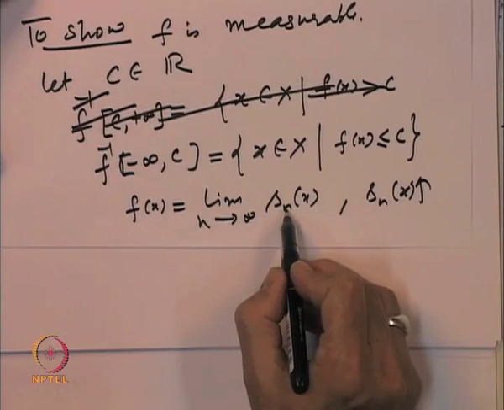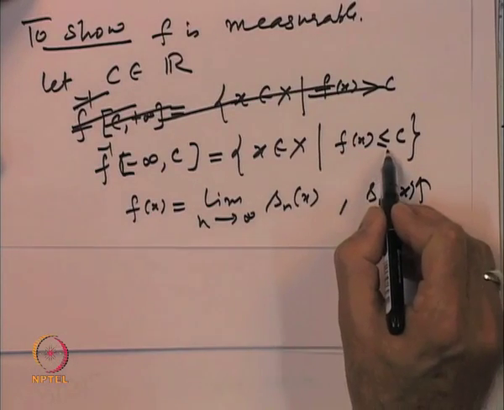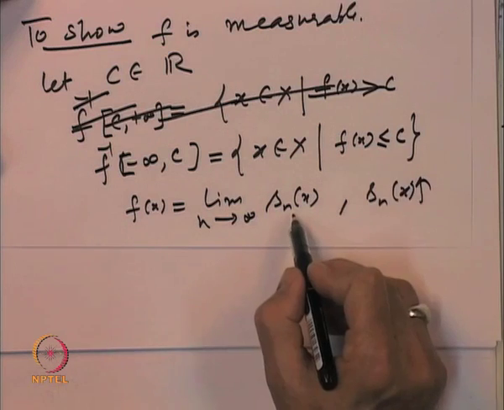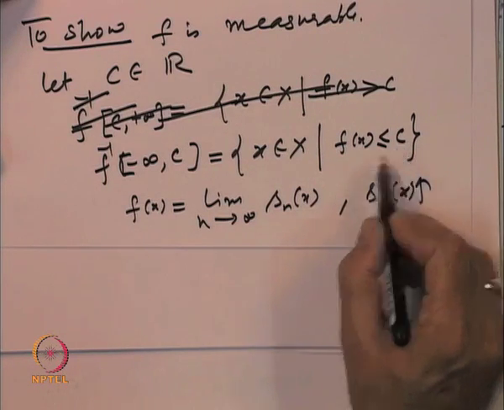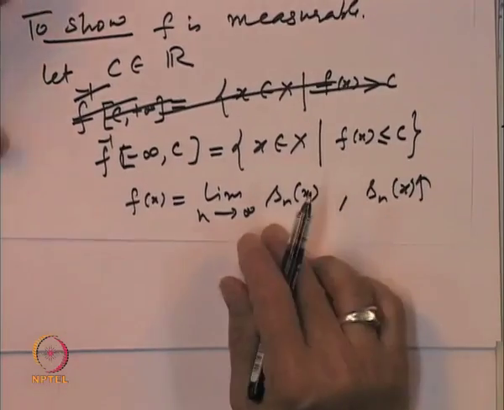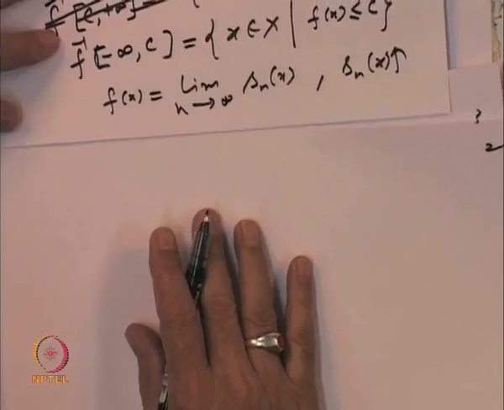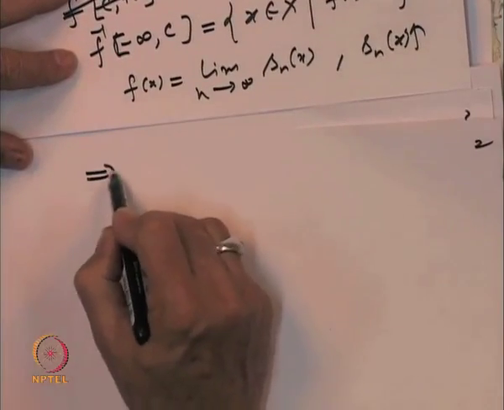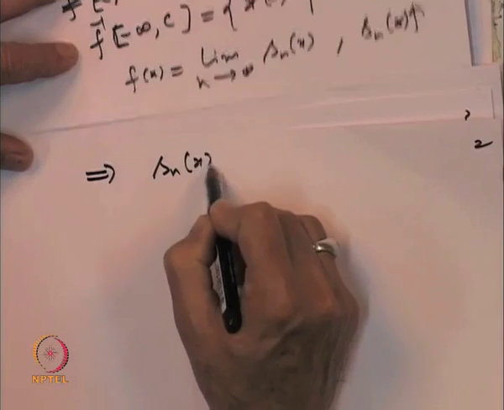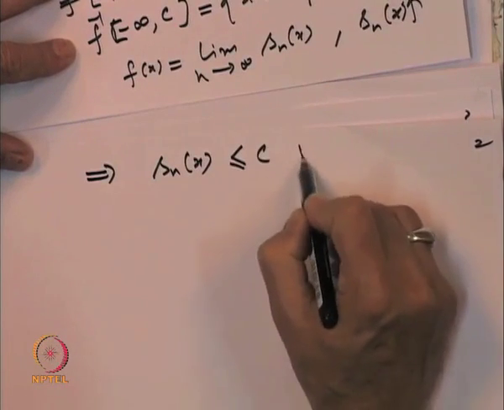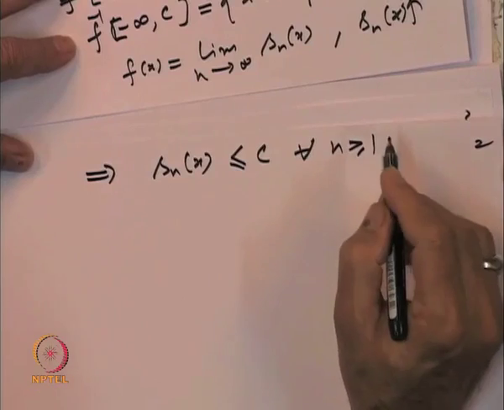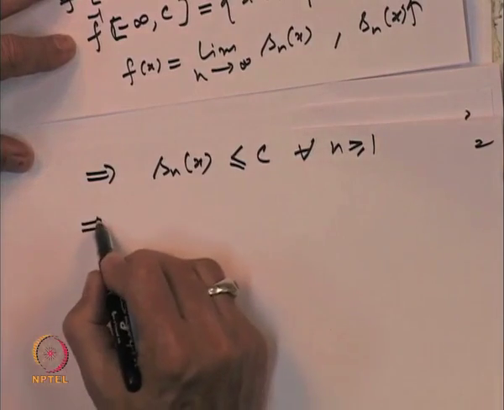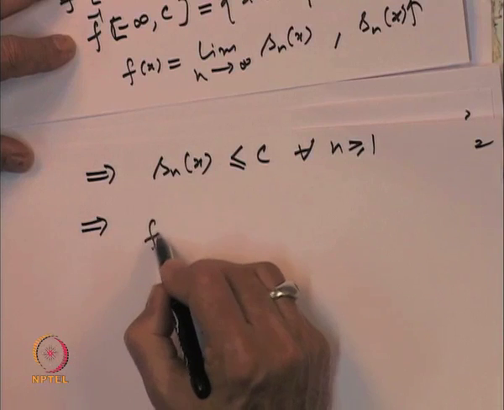So, if the limit of S n x, which is f of x, is less than or equal to C, that means each S n has to be less than or equal to C, because even if one goes above C, then the limit has to be bigger than C. So, this condition implies that S n x is less than or equal to C for every n bigger than or equal to 1.